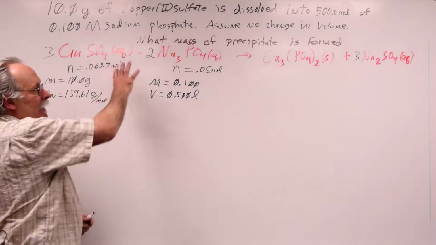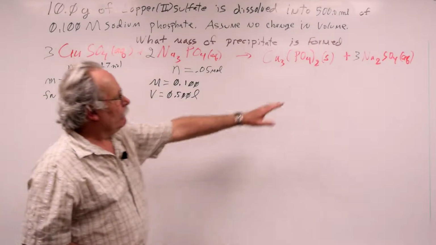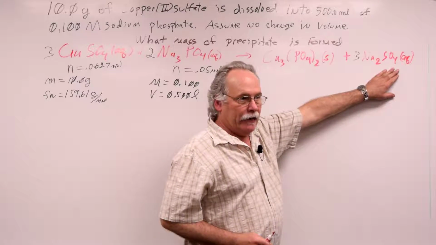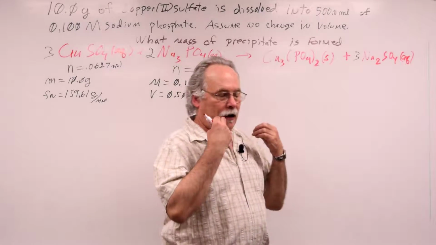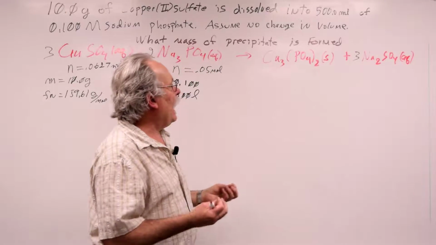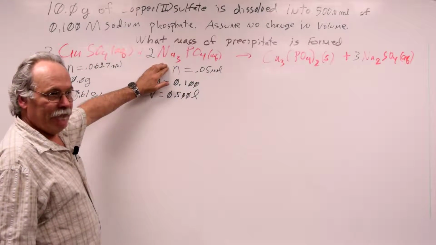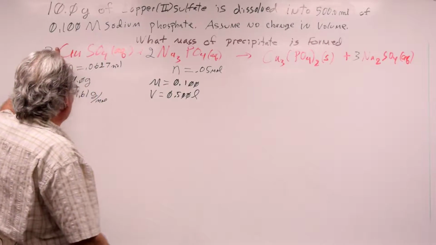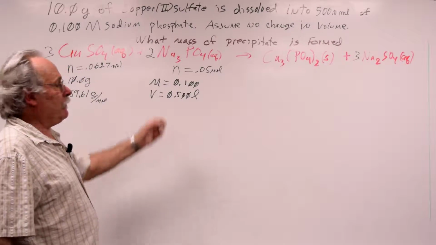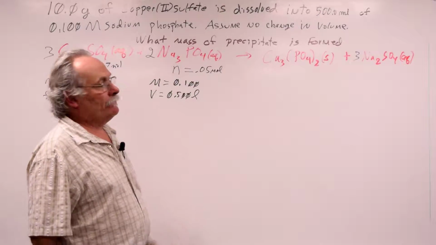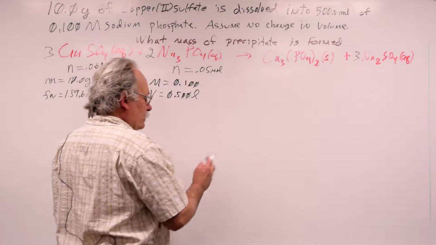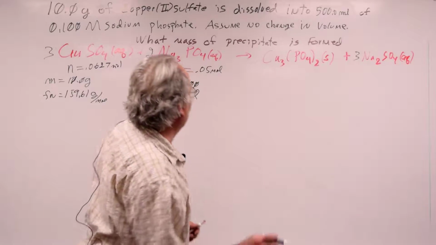Now we've got to remember that in a double displacement reaction, if one of the products is a spectator ion, its ions are not involved in the reaction, and really we do not have copper sulfate or sodium phosphate floating around. We have copper floating around, sulfate floating around, sodium floating around, and phosphate floating around. So let's look at the net ionic equation, okay?